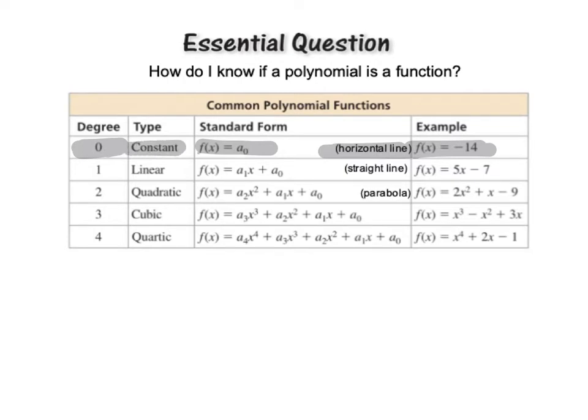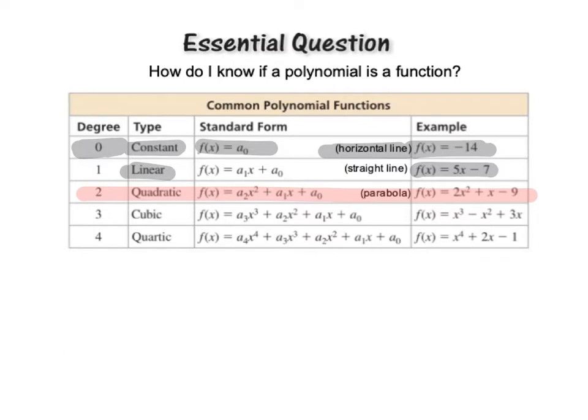And then if you have a degree of 1, that's linear. We've done a lot with linear equations. That would be in a form like y equals mx plus b, like the example 5x minus 7. A quadratic, we've also spent some time doing, is a parabola, and it's going to have a highest exponent, or degree, of 2.